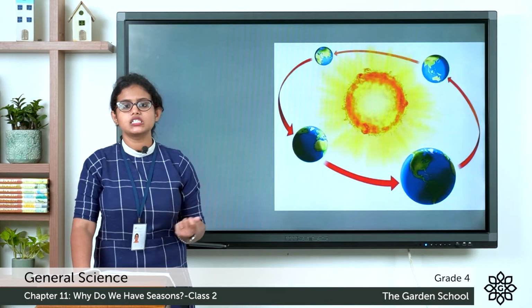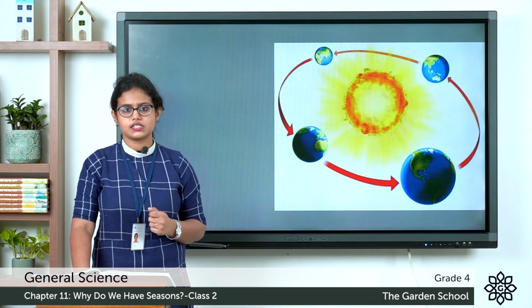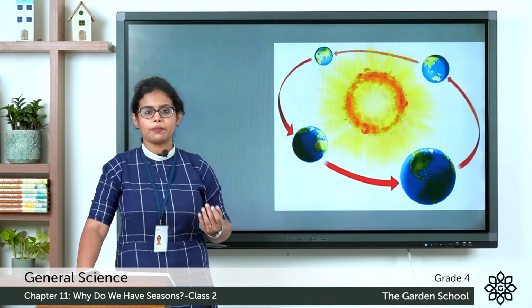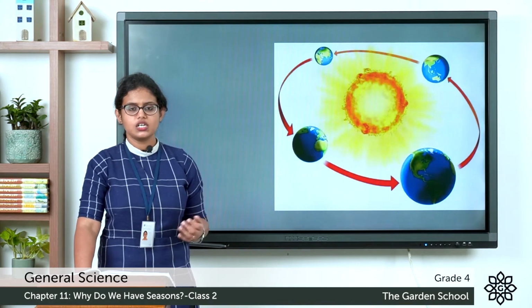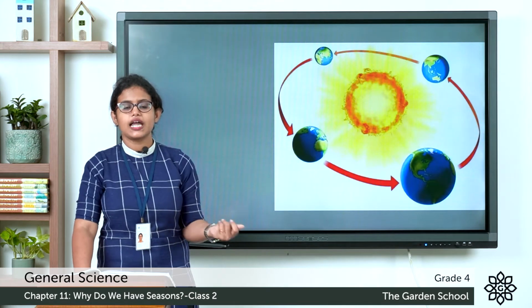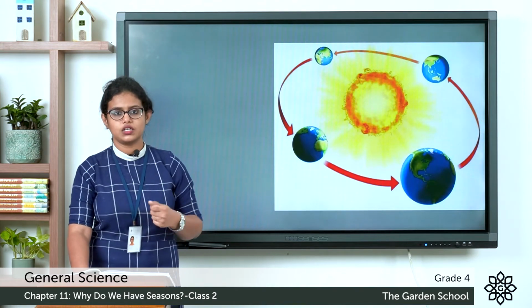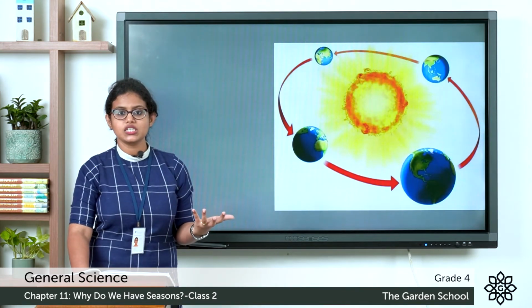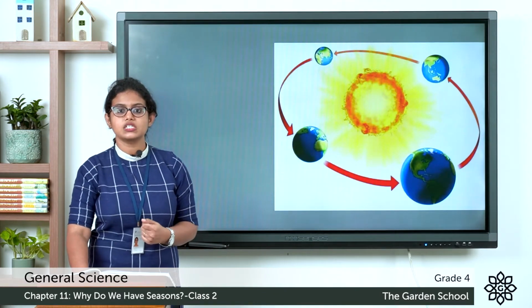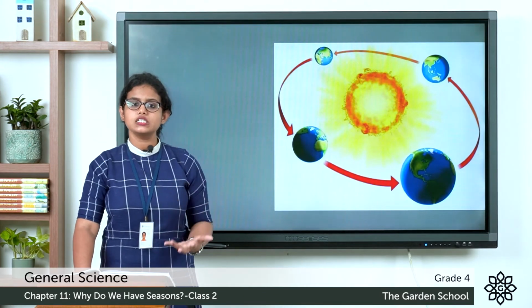And the earth is tilted on its axis. As the earth revolves, some regions are closer to the sun and some regions get slightly away from the sun. Regions closer to the sun receive more light and heat, and those away from the sun receive less light and heat.